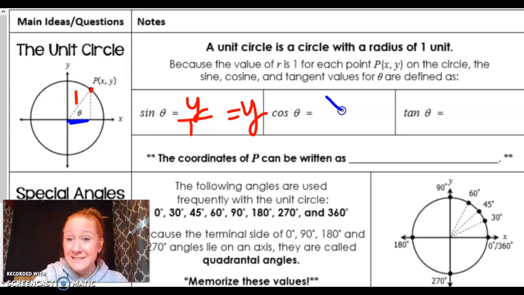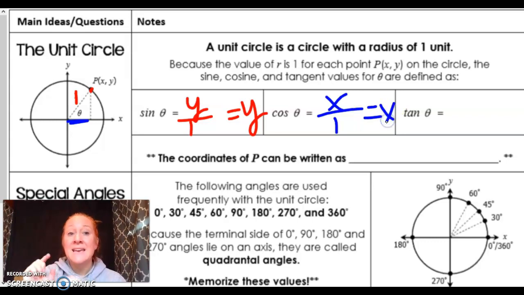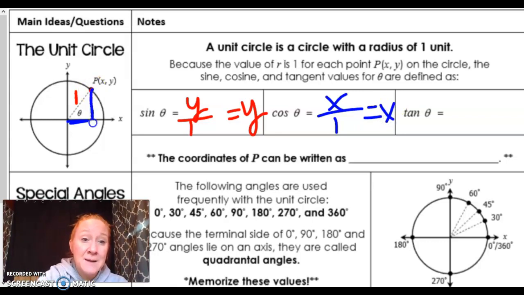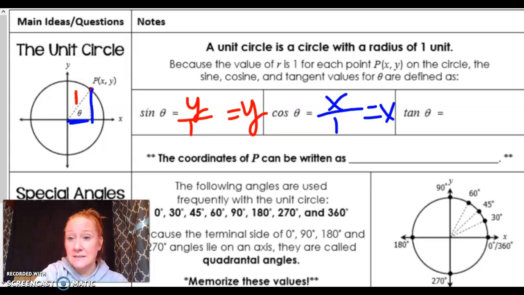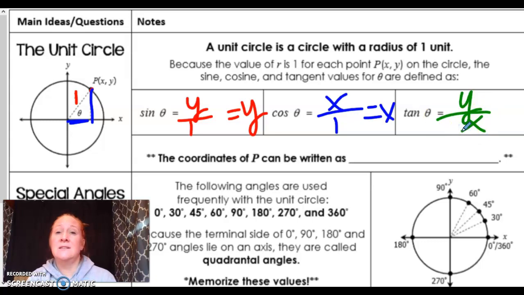So that's going to be your x value over 1 because the hypotenuse is 1 on a unit circle, or x. And then your tangent is going to be the opposite, which is your y value over your adjacent. So let's say that's going to be your y over your x. So tangent is actually just a slope.